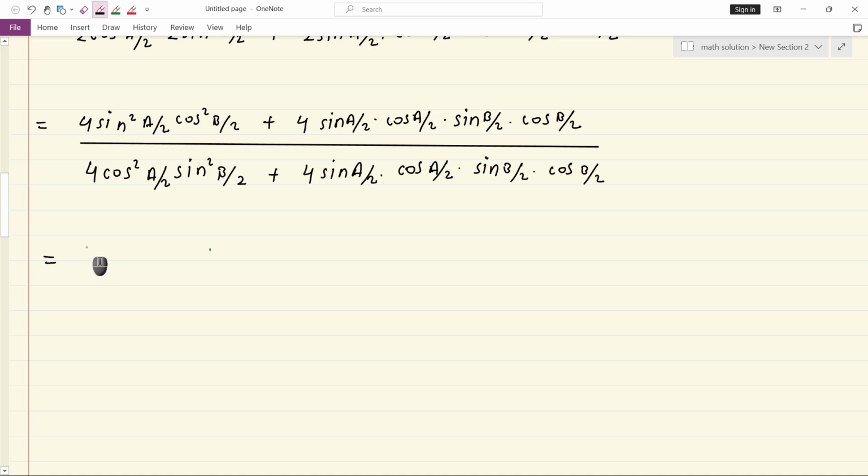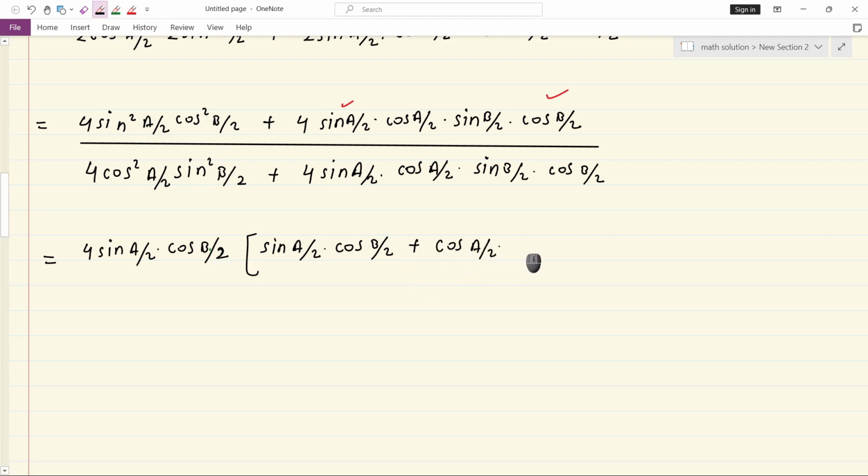So what common are we going to take here? 4 sin A/2 · cos B/2. In the numerator we take 4 sin A/2 · cos B/2 common, so the remaining term: if sin A/2 and cos A/2 are taken common, then the remaining one term will be sin A/2 · cos B/2, and here sin A/2 is taken as common, cos B/2 is taken as common, so the remaining term will be cos A/2 · sin B/2.